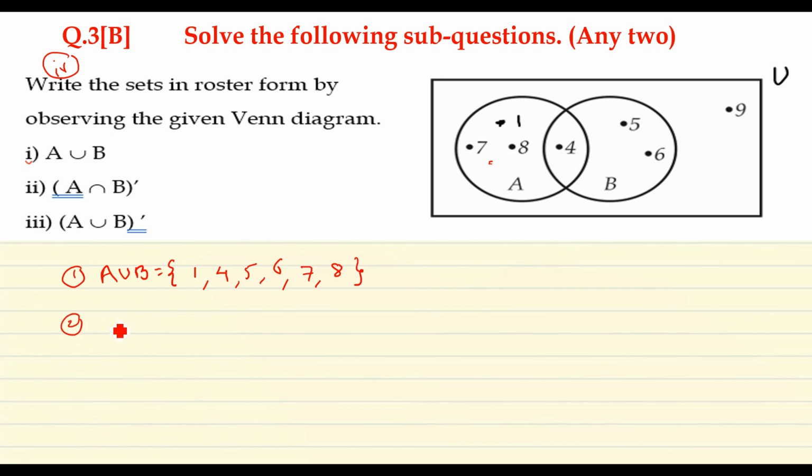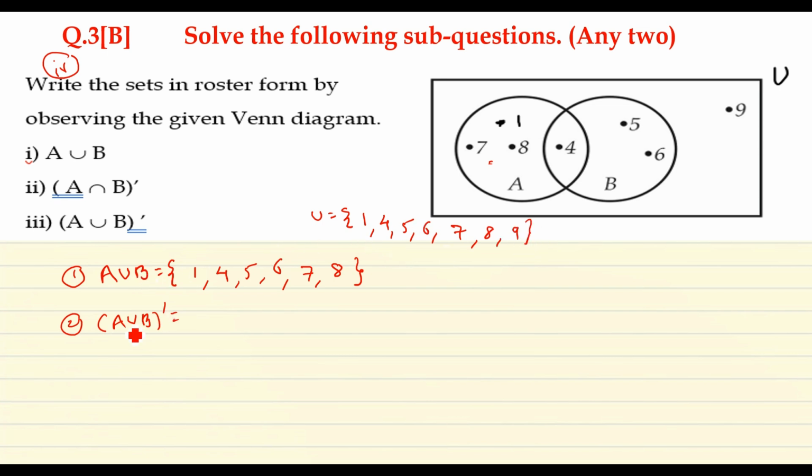Now the second is A union B dash. What do you mean by A union B dash? It means the elements in U but not in A union B. So the elements in U are 1, 4, 5, 6, 7, 8 and 9.